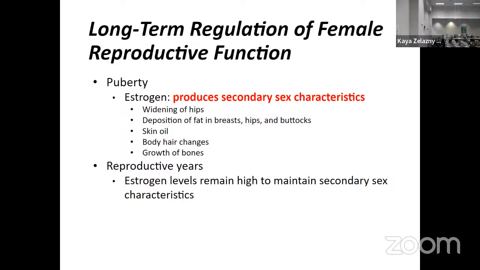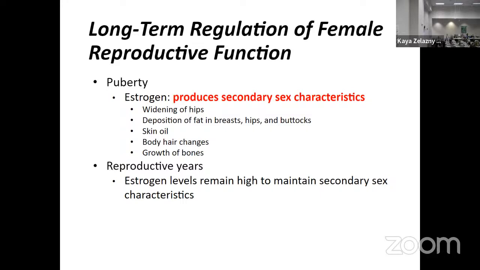So this is what produces secondary sex characteristics like widening of hips, the development of breasts, larger buttocks, the production of skin oil, body hair changes, and additional growth of bones. So a growth spurt, essentially, is a response to increasing levels of hormones, specifically here estrogen.